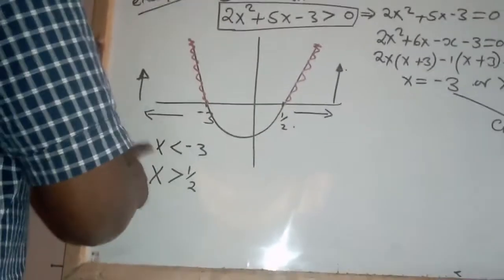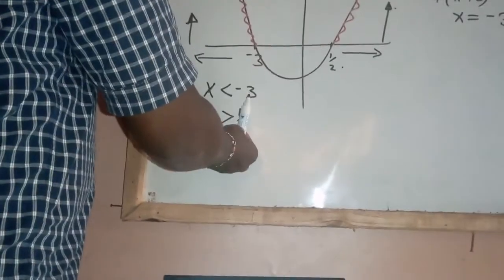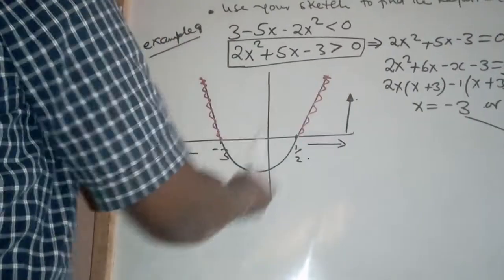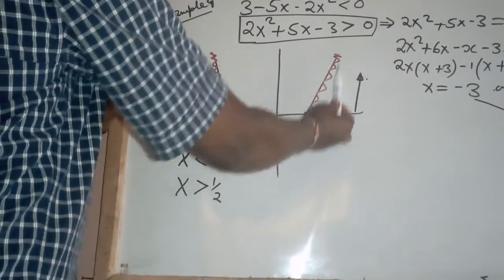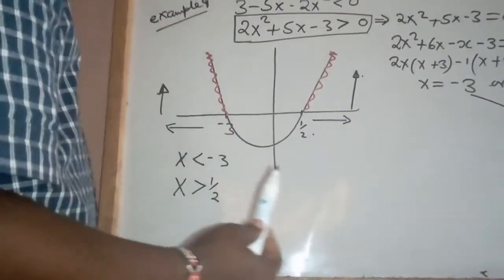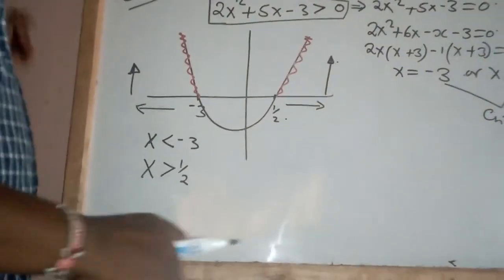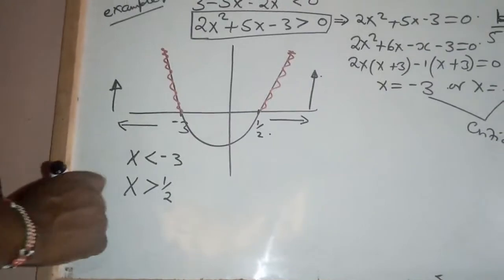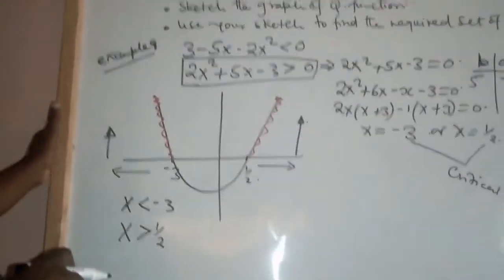For any value of x that is less than minus 3, y continues to be greater than 0. For any value of x that is greater than a half, y continues to be greater than 0. And that is how we can use this kind of information to solve quadratic inequalities.